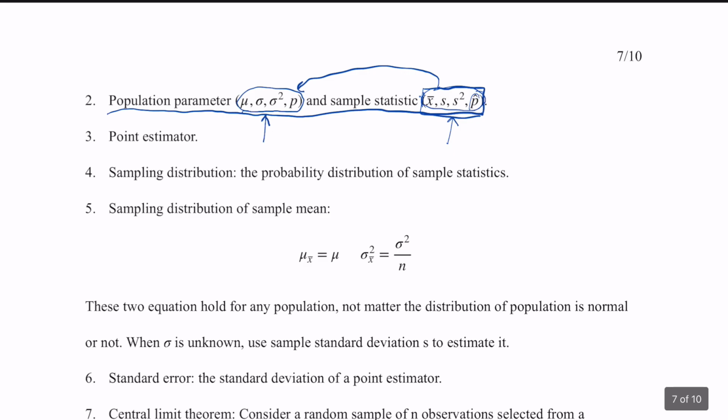And like what we discussed in the probability and distribution chapter, these four are variables. Whenever we want to study some variables, we need to draw its distribution. Then the sampling distribution is just the probability distribution of a sample statistic. And in this chapter, we are particularly focusing on sample mean and sample proportion.